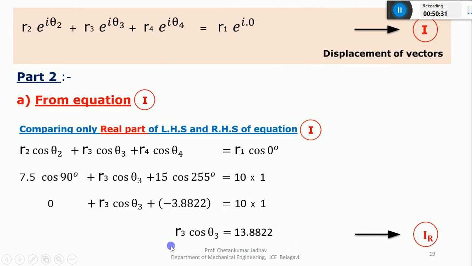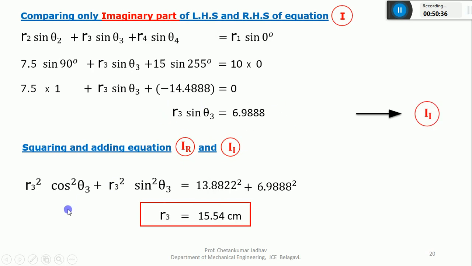Just solve this one and this one, by squaring and adding these two equations, II and IR. Just square this one and the previous one: R3 square cos square theta 3 plus R3 square sin square theta 3.